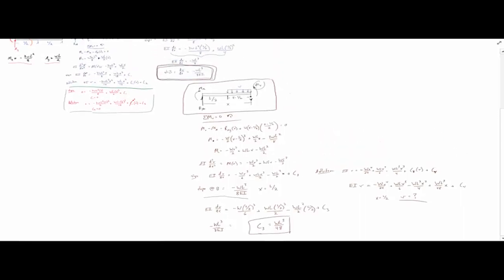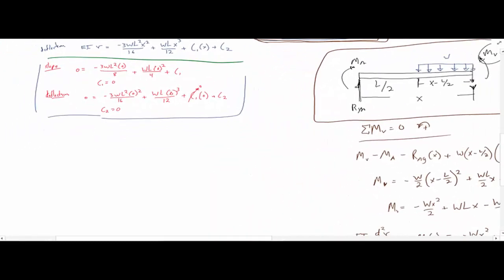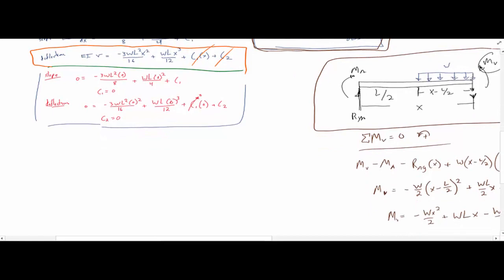So let me zoom out here and go back to our original equations that we were deriving. We can go to our deflection equation, right? And our deflection equation that we had here, because we determined C sub 1 and C sub 2 are both 0, so we can say our deflection EI nu equals negative 3 WL squared x squared over 16 plus WLX cubed over 12.